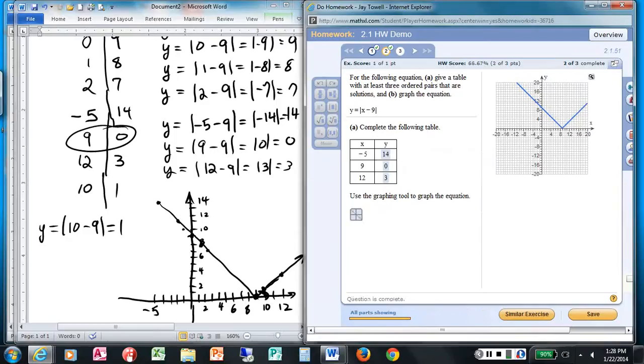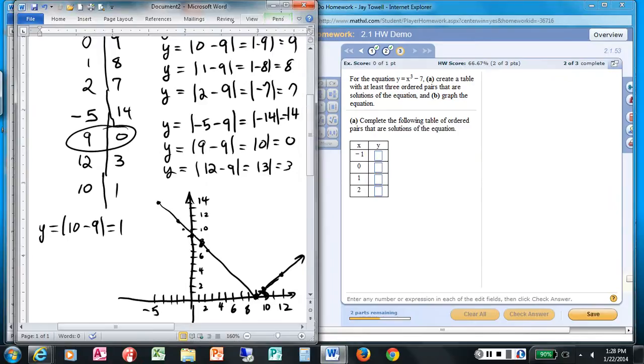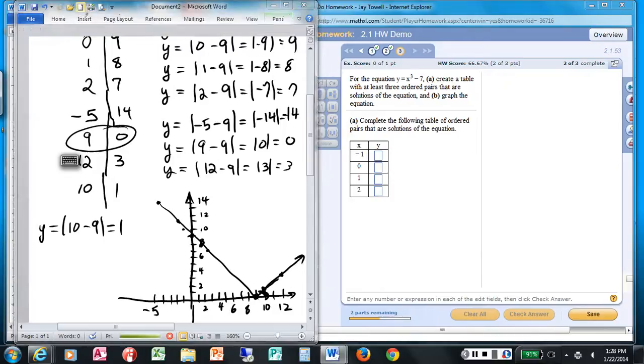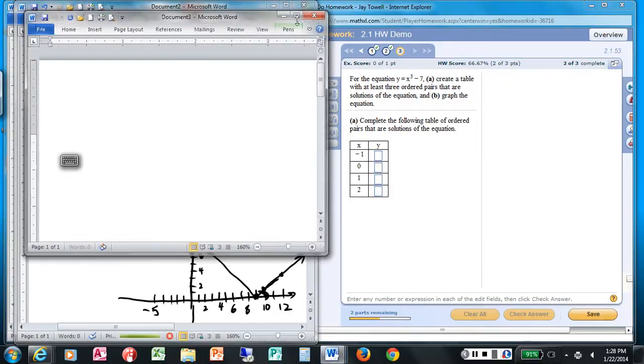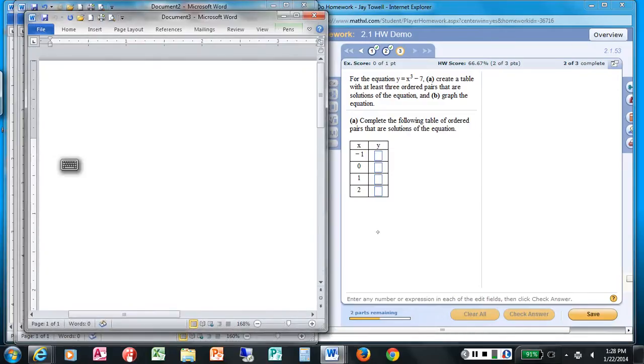All right. Okay, so there's our number 2. And so last but not least, let me try number 3 here with you. All right, we got y equals x cubed minus 7. Get a new page here. All right, same deal. They've got -1 to +2.